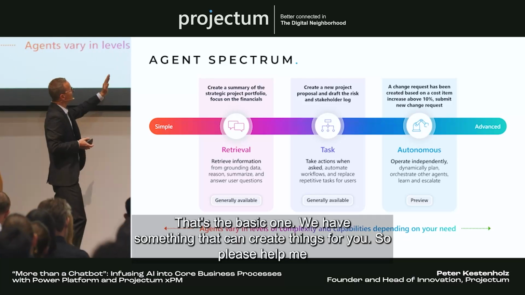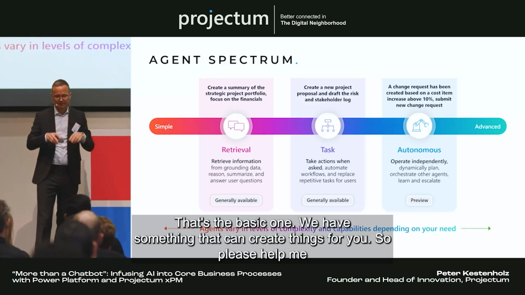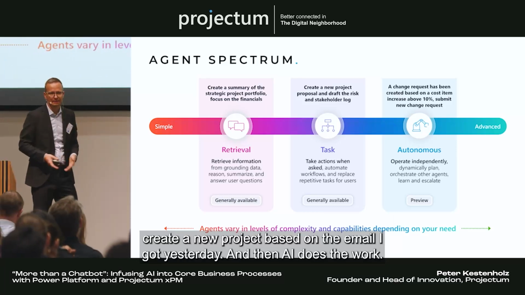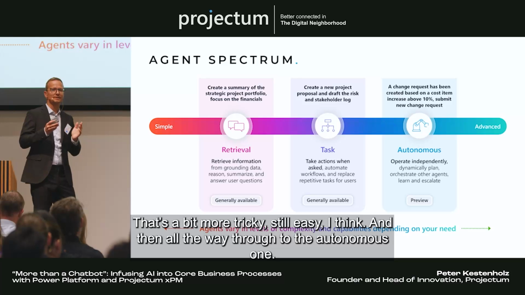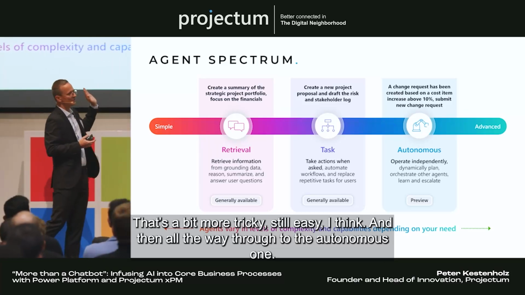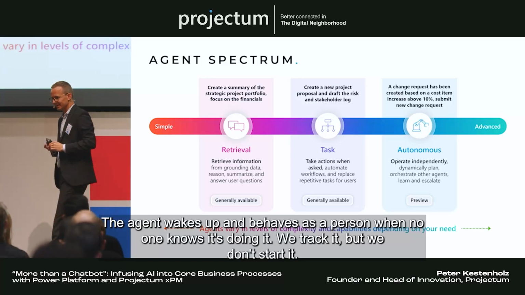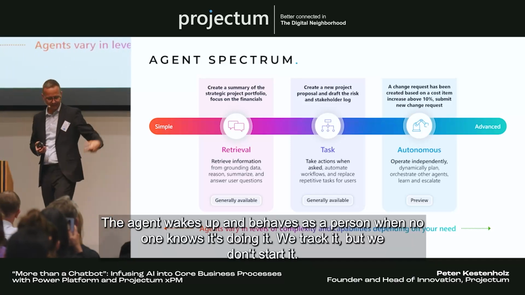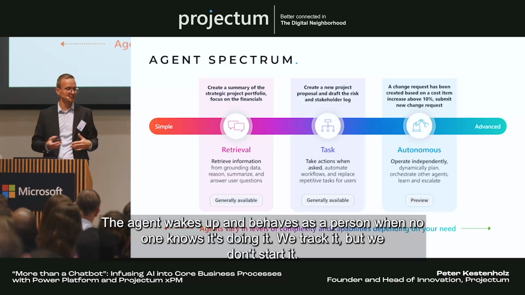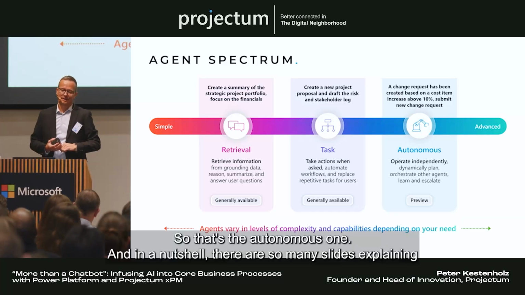We have something that can create things for you. So please help me create a new project based on the email I got yesterday. And then AI does the work. That's a bit more tricky, still easy, I think. And then all the way through to the autonomous one. The agent wakes up and behaves as a person when no one knows it's doing it. We track it, but we don't start it. So that's the autonomous one.